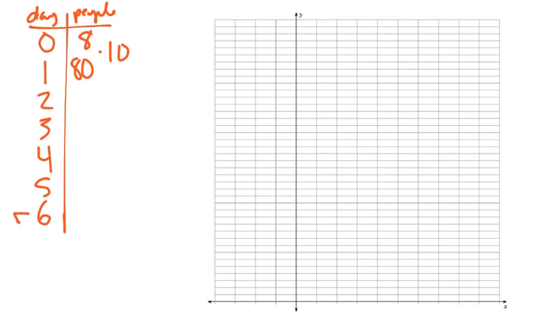So day 6 would actually be, our number 6 would actually be day 7, right? So timesing this by 10, we'd have 800, times that by 10, 8,000, times that by 10. And we just keep going with that.